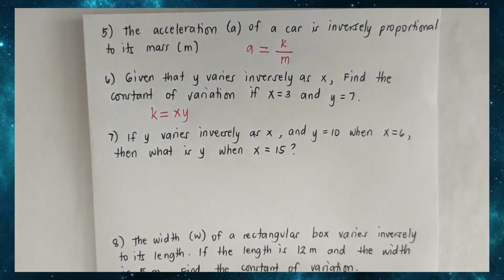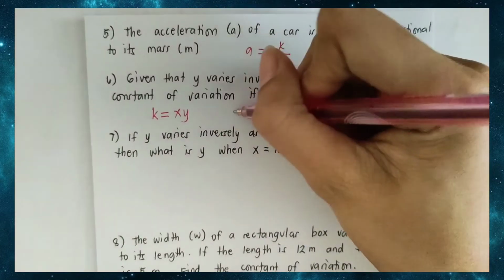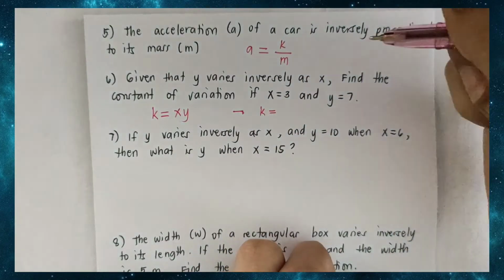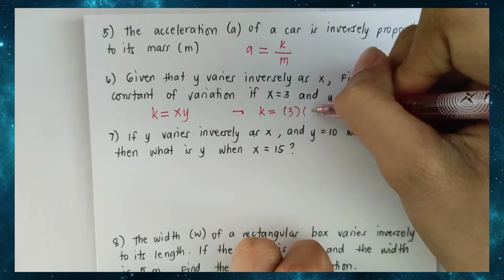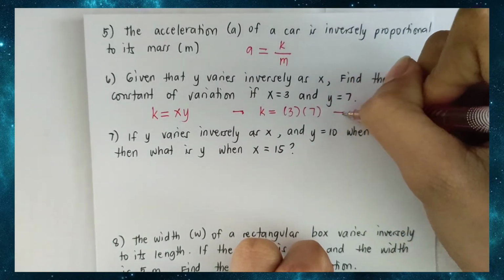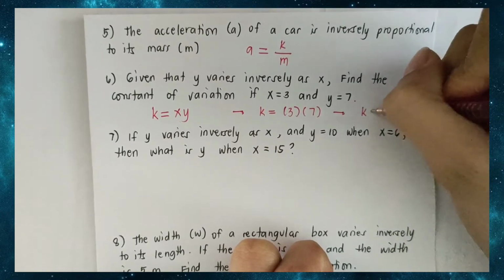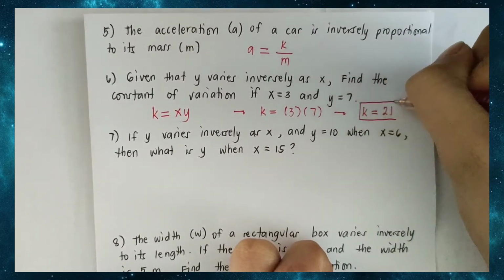We will just substitute for the value of x and y in this equation. So k is equal to x is 3 and then y is 7. And our final answer here, our k or the constant of variation is equal to 21.